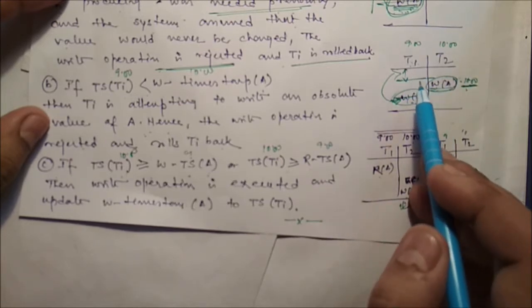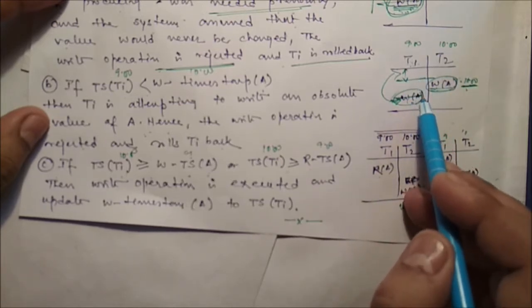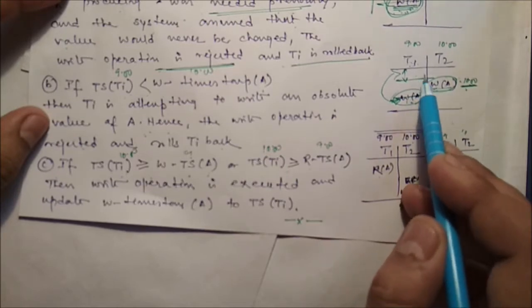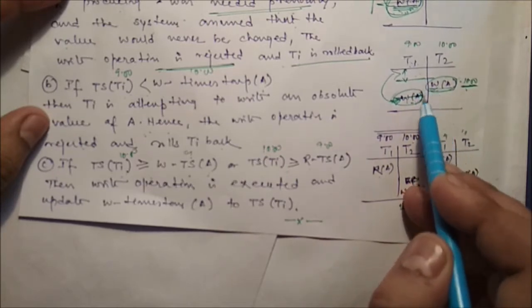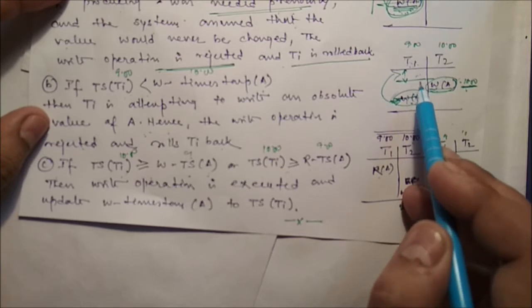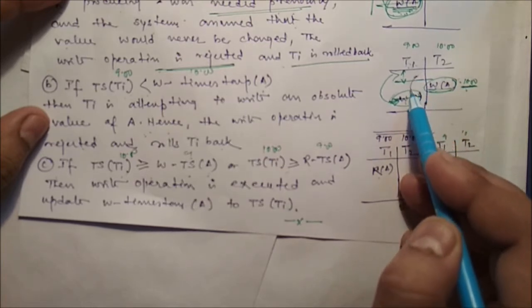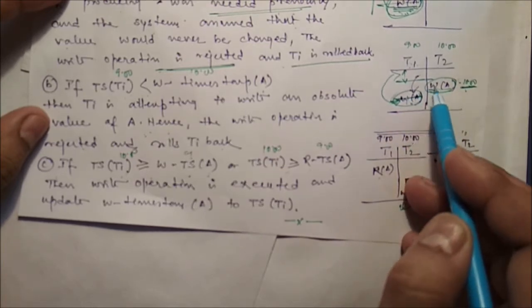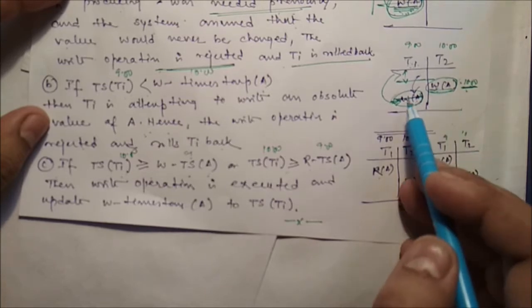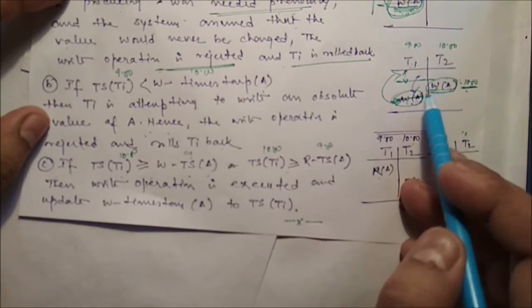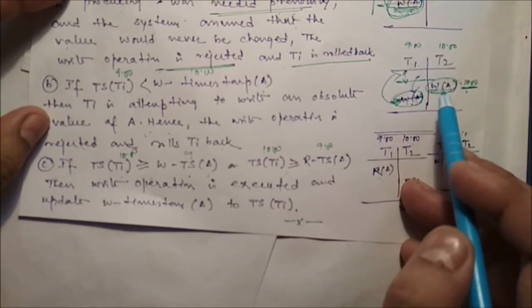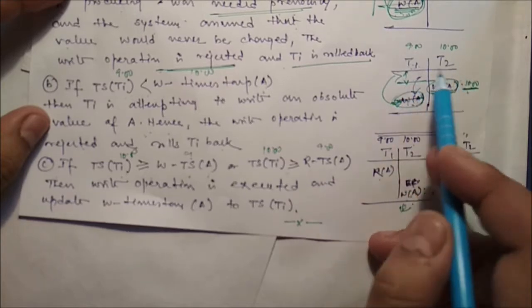Here W, instead of executing before, is executing after this one. That means swapping, but to maintain serializability we cannot swap two conflicting operations. So it is not conflict serializable.